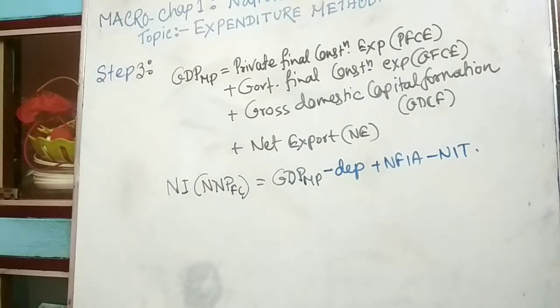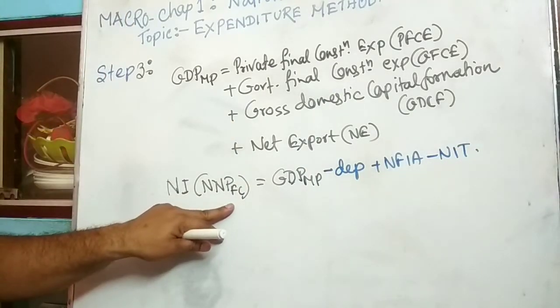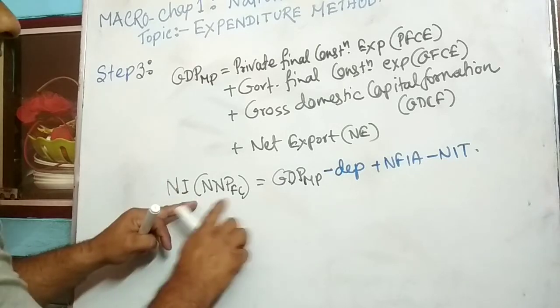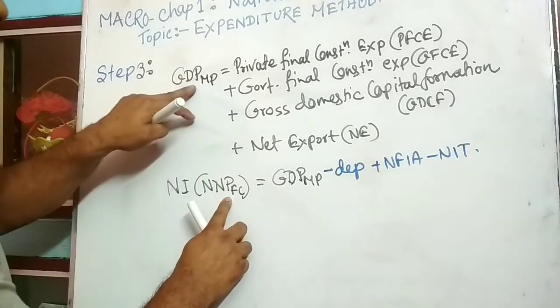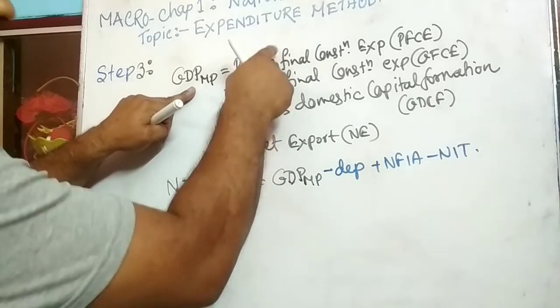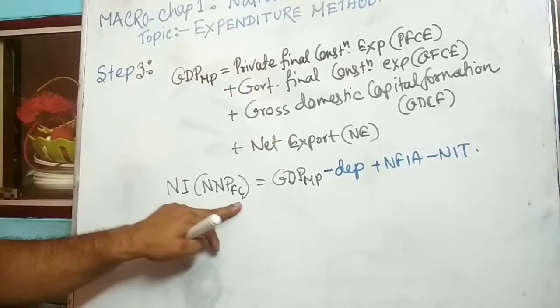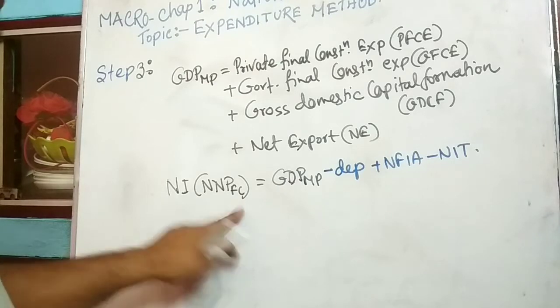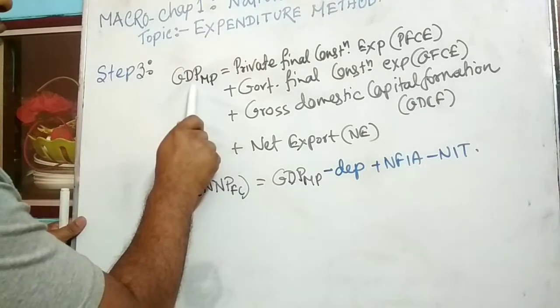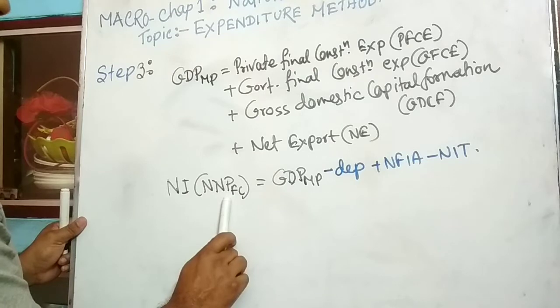In 2 steps we calculate national income, not like the income method, where we directly come to national income. Here we first find GDP market price by adding all the final expenditures of the 4 sectors, and then national income by the expenditure method. This step is very important. Don't leave the question up to here. We have to find national income that way.